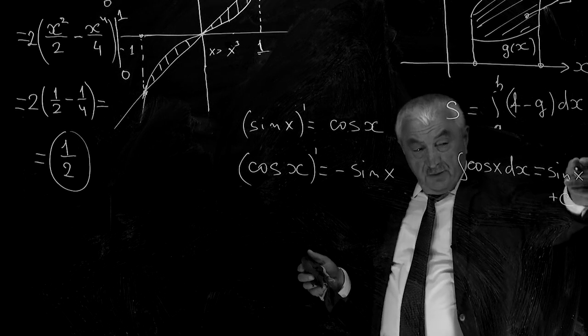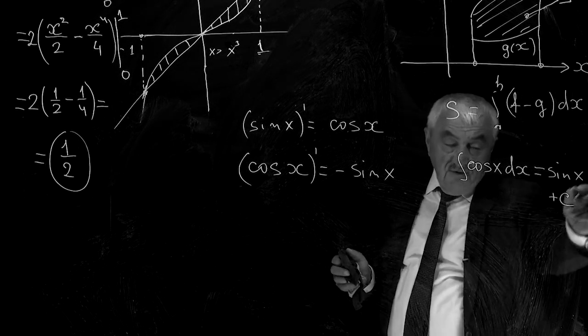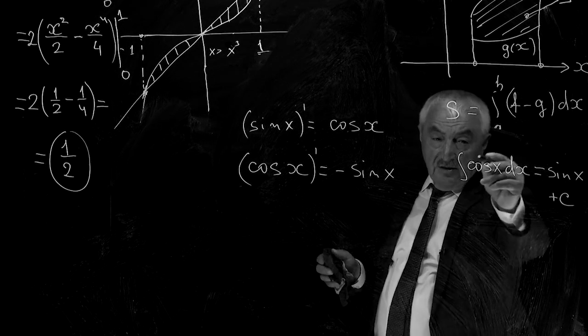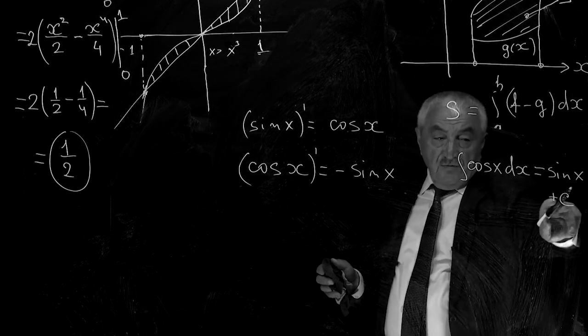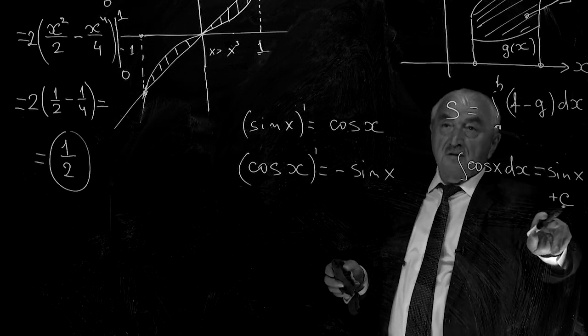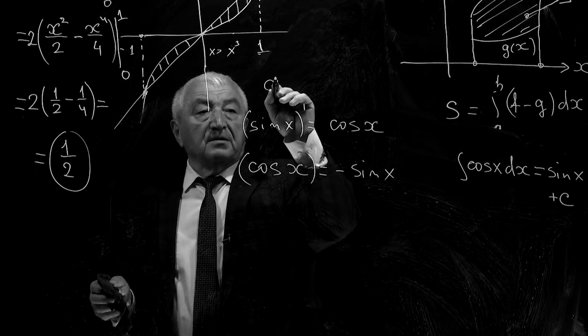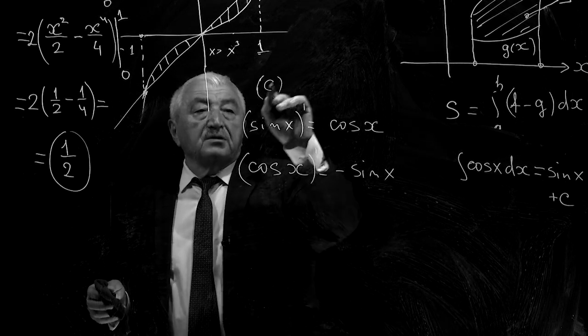According to the main property of the integral, its derivative is equal to the underlying function. The derivative of sine of x is cosine of x. The derivative of a constant is 0. It is very important that the derivative of a constant is 0.